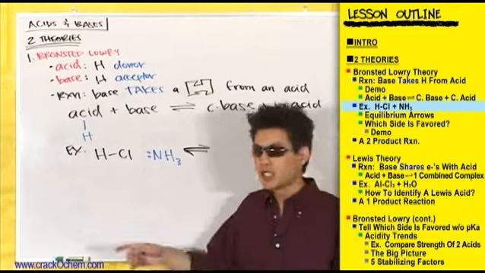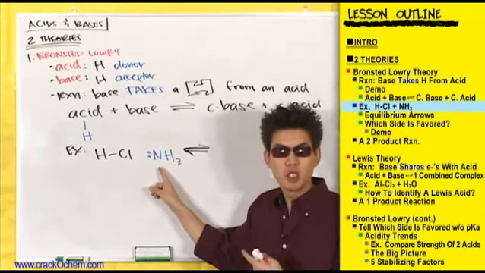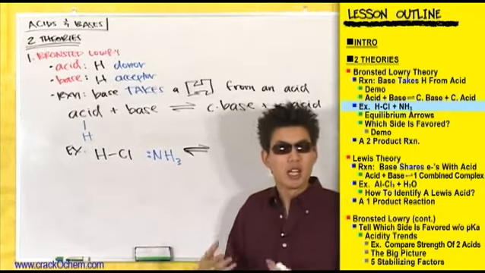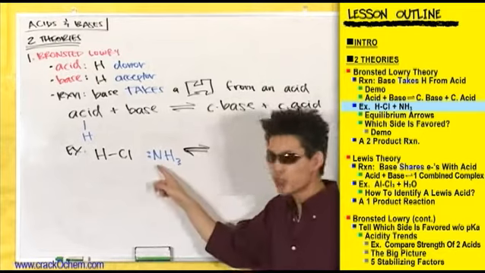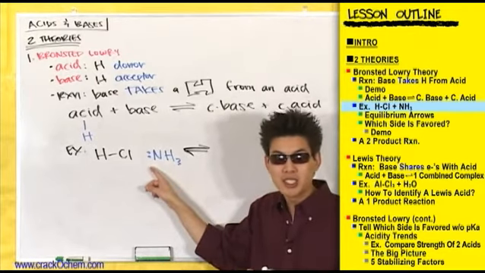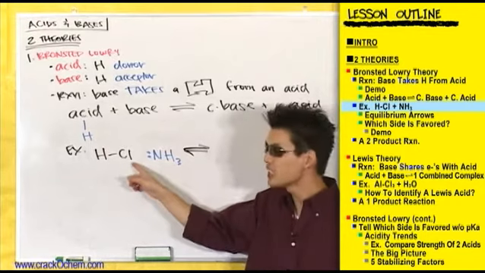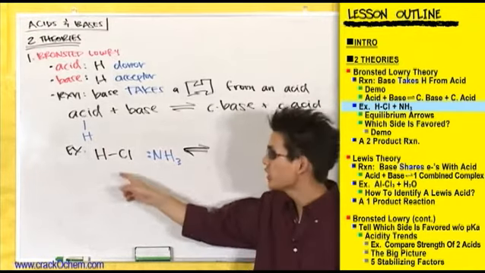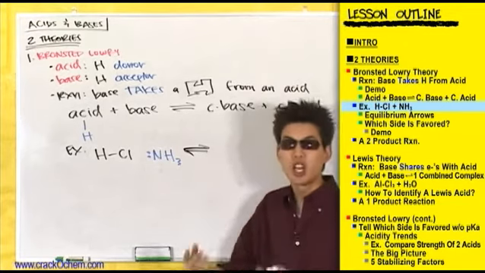So what's going to happen is that this acid is going to donate this hydrogen to this base. A lone pair is just like an arm that can grab a hydrogen off somebody, right? So nitrogen is your base, so this base is going to go and grab this hydrogen off of this chlorine, turning this HCl into Cl-, turning this acid into a conjugate base, turning this base into a conjugate acid.